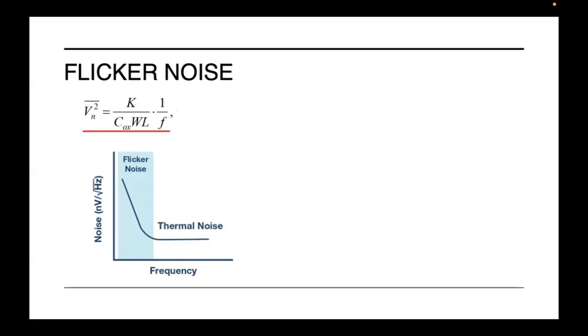So whenever you have low frequency operation, the flicker noise dominates over the thermal noise. Once you go to a relatively high frequency, the thermal noise dominates over the flicker noise. This is how we can manage these two types of noise.